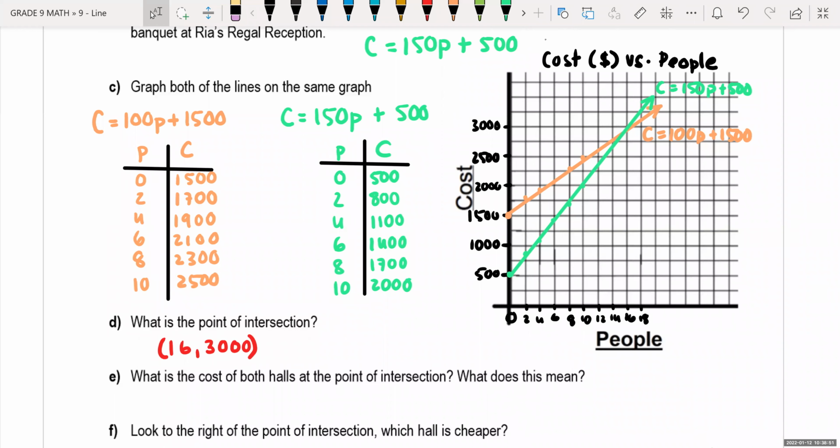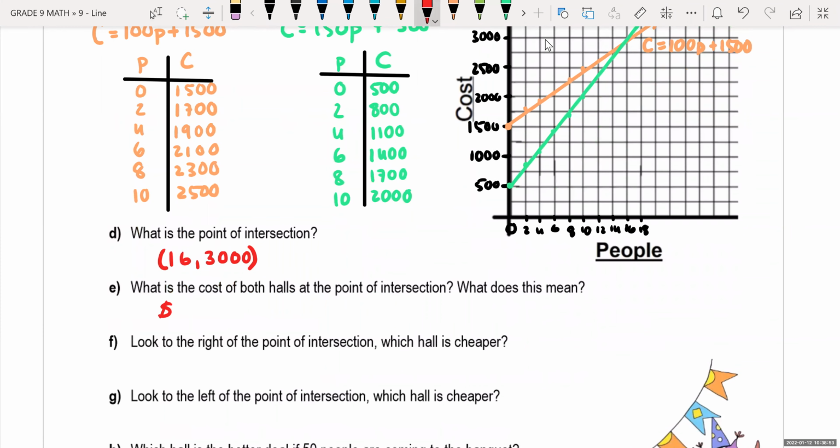The cost of both of the halls is going to be $3,000 if approximately 16 people attend. And all of these are approximations because I don't think our graph is very accurate.